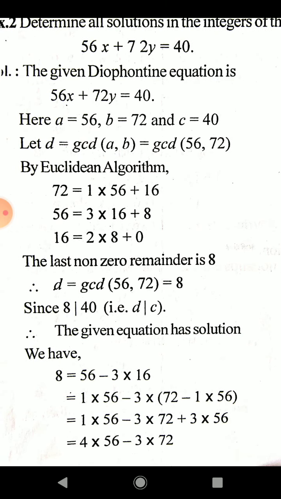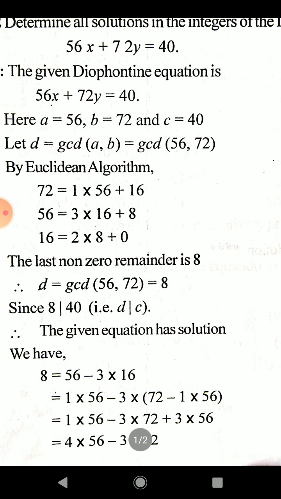Now this greatest common divisor d can be expressed in the form of ax plus by. d is equal to ax plus by. Here we shall find the values of x and y.